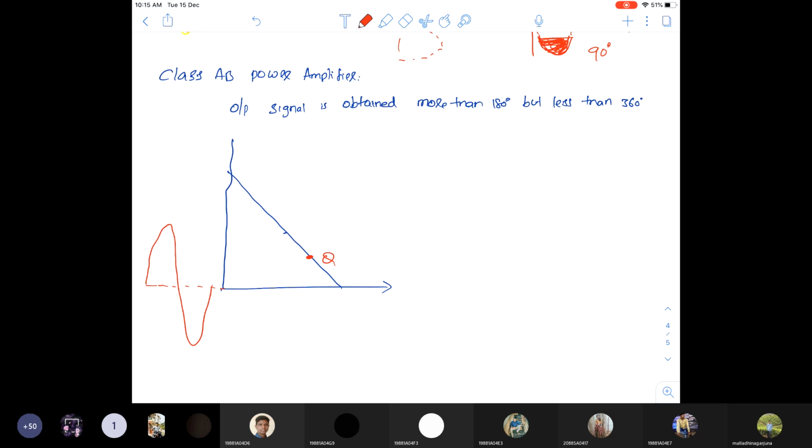So I'm applying the input signal like this.